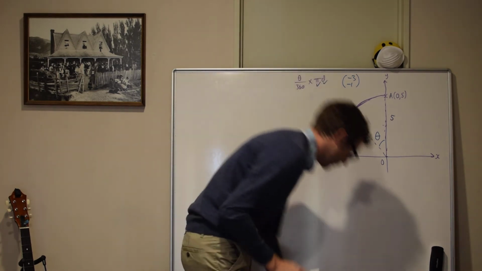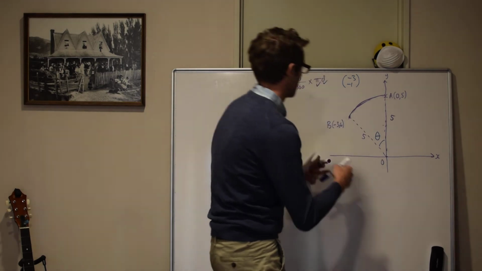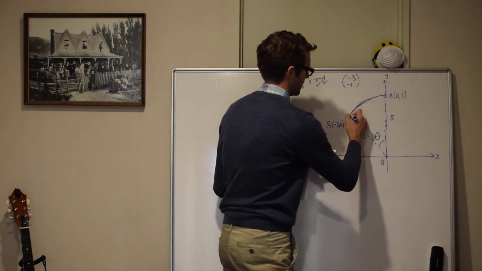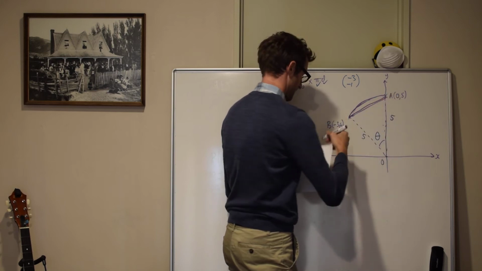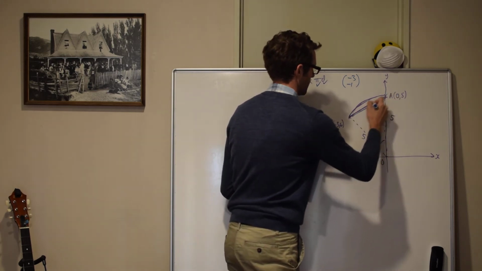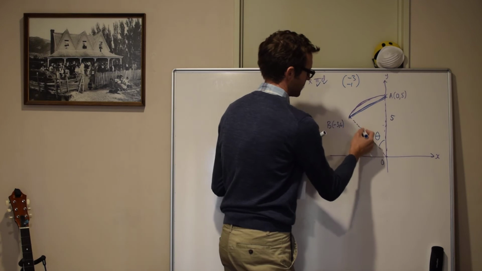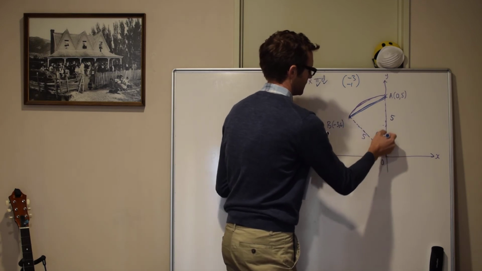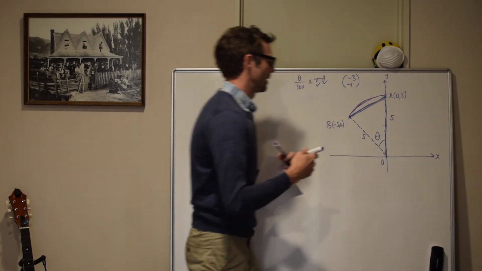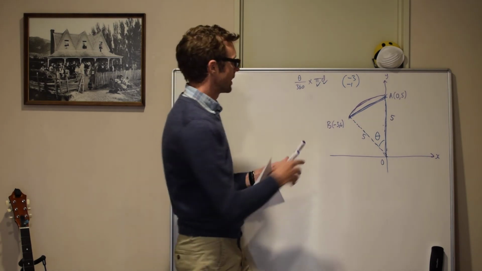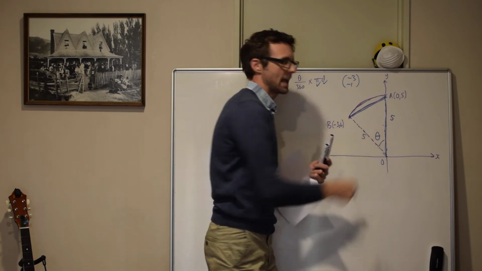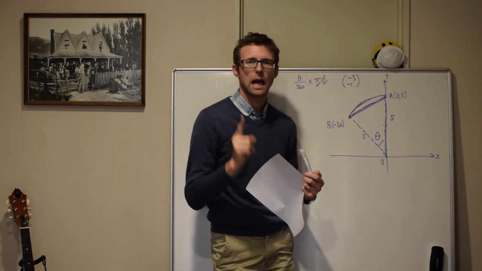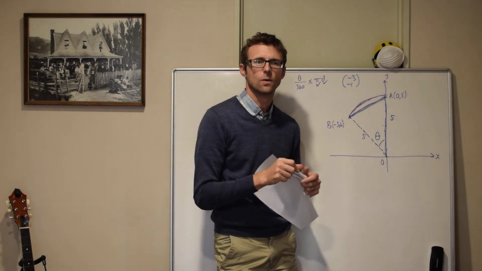Well, we do have a triangle here, don't we? We've got this triangle here. Right, this triangle here. We could find the length here, and then we'd have 3 lengths and an angle. And at this point you should be saying, 3 lengths and an angle.